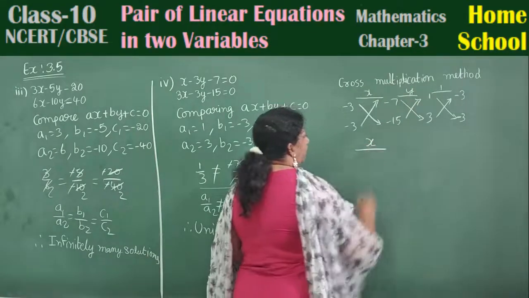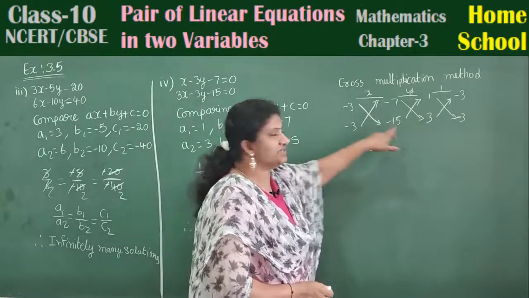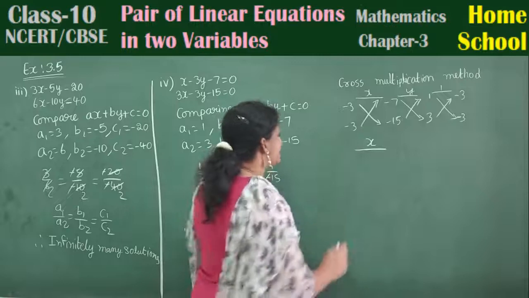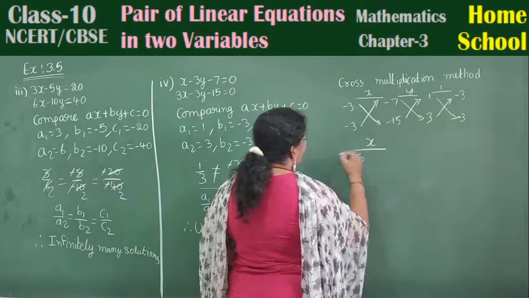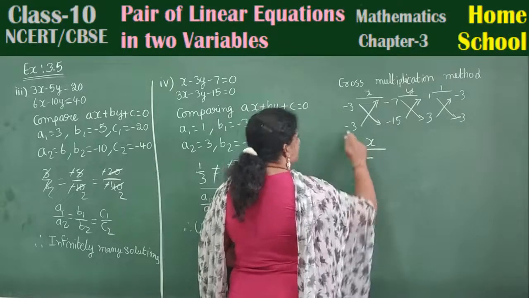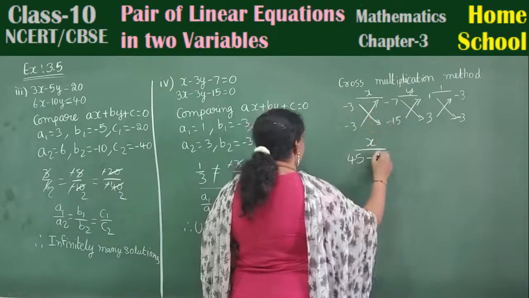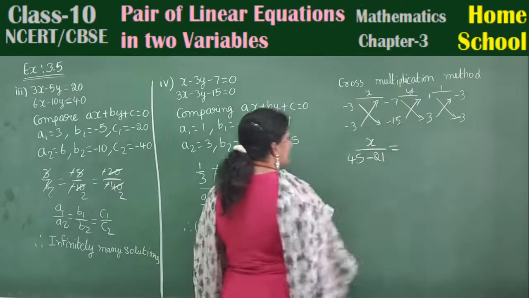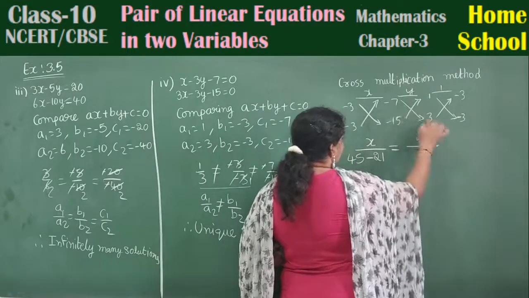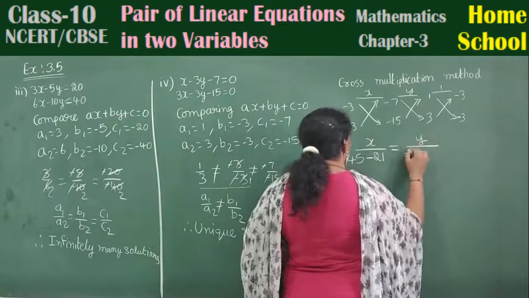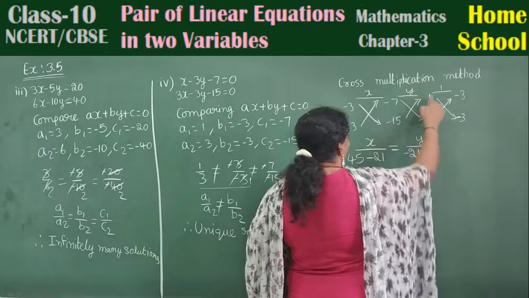x by minus 3 into minus 15. Multiply like this, children. Minus 3 into minus 15 it will be minus into minus plus 15 3s are 45, minus 3 into minus 7 minus into minus plus 3 7s are 21 is equal to y by minus 7 into 3 minus 21 minus 15 into 1.